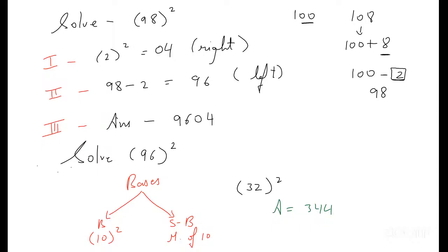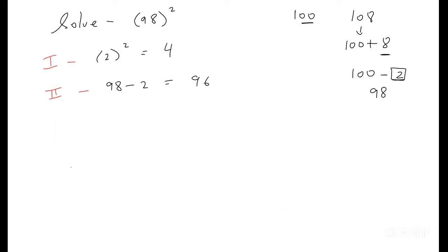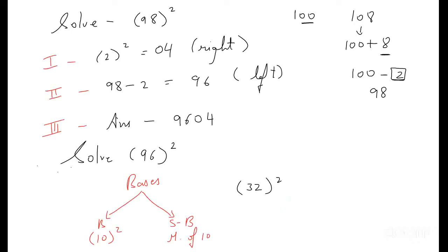Check it again, Abraham. Ma'am, I think something changes with sub-bases. Let's work it out. 32 squared. So my base is 30, and 2 is my deviation.